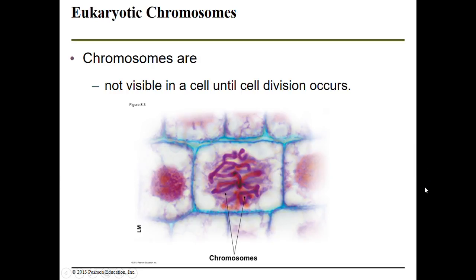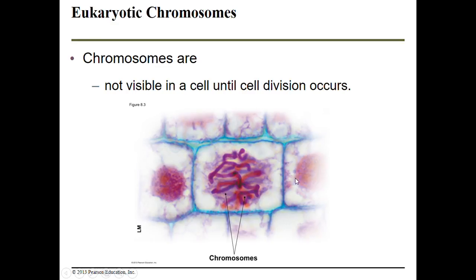Normally, DNA isn't visible when cells aren't dividing. So the cells on the left and right here, those are not dividing, and we can't really see the DNA. Notice how different they look from this middle cell. This middle cell is dividing. And remember, our DNA is in the form of chromosomes.